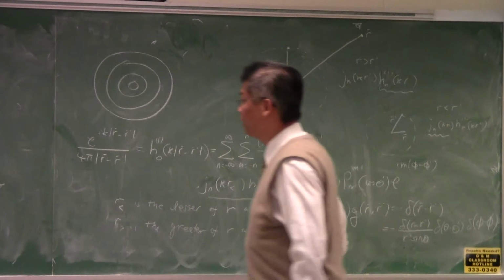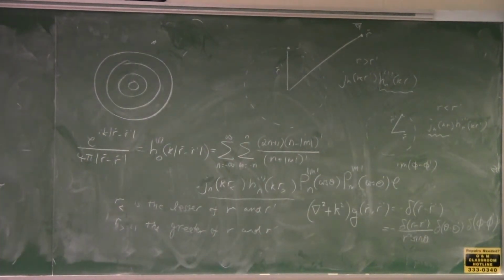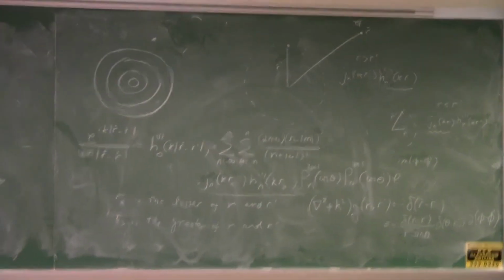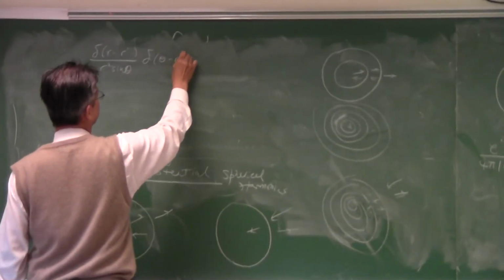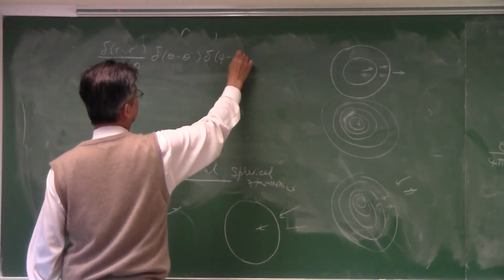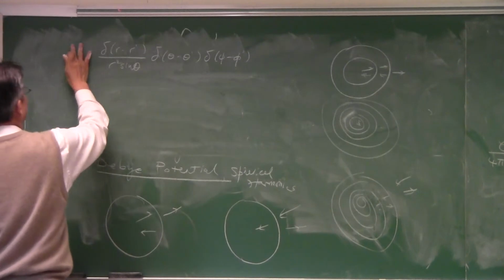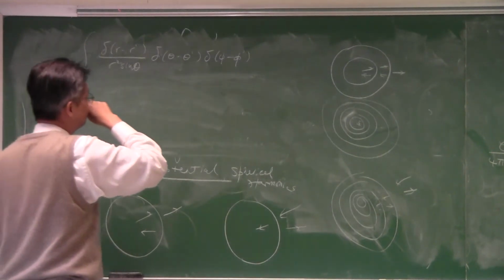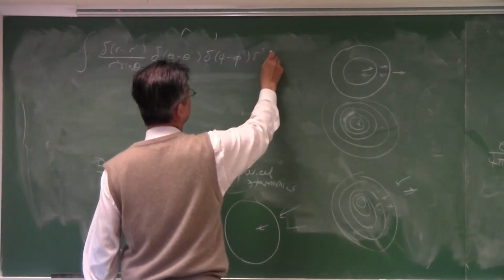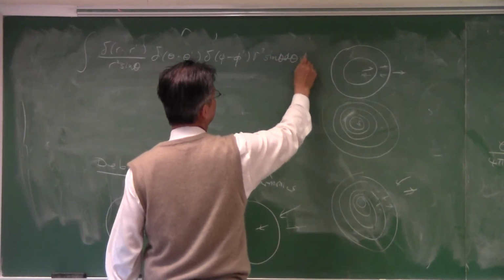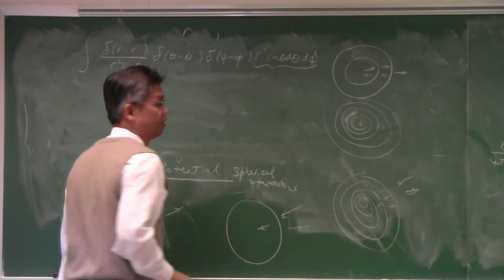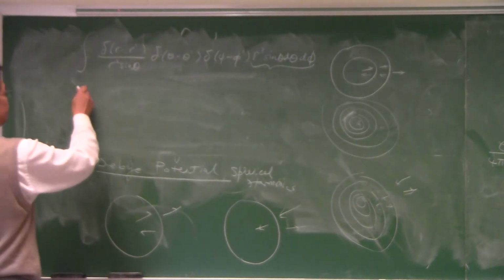Okay. So why is the delta function expressed as such? Because if you take this function, r squared sine theta delta theta minus theta prime delta phi minus phi prime, and integrate in the spherical coordinate system, you will have r squared sine theta d theta d phi. This is the Jacobian of integration in the spherical coordinate system.